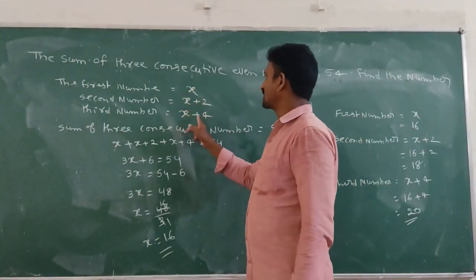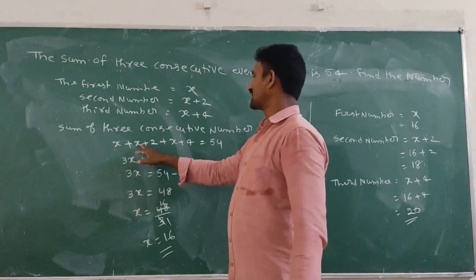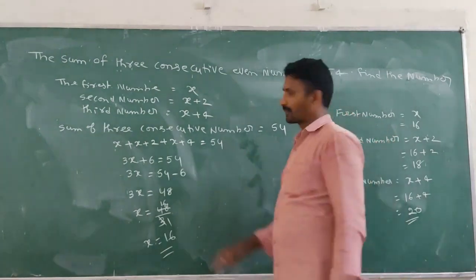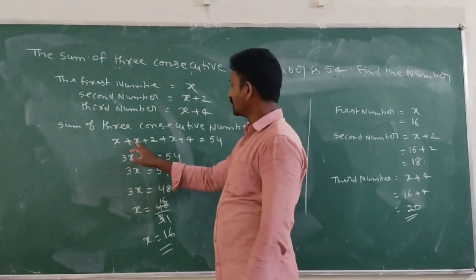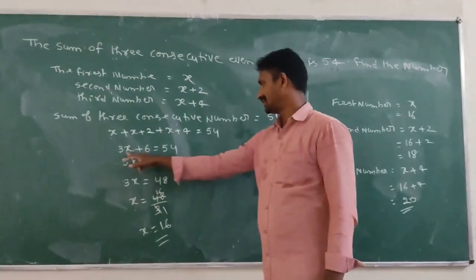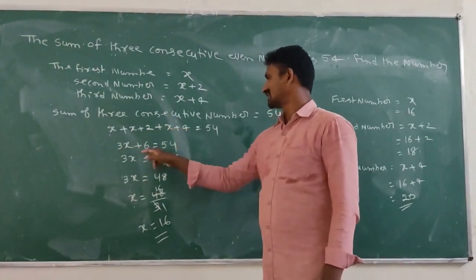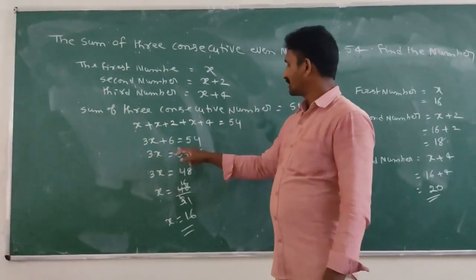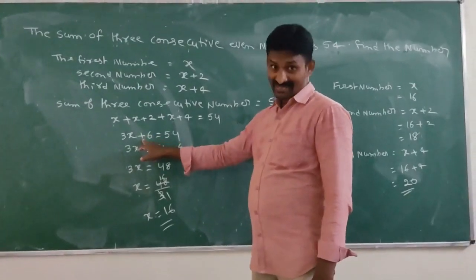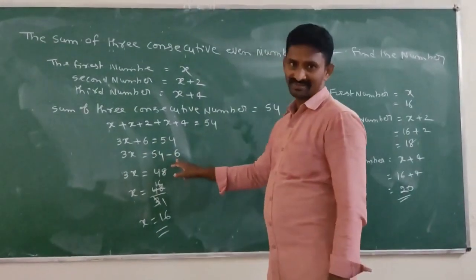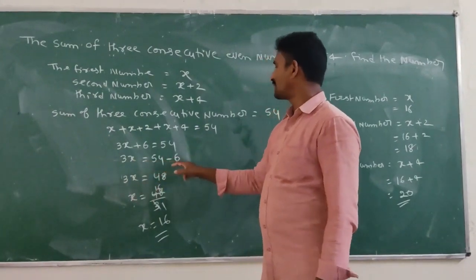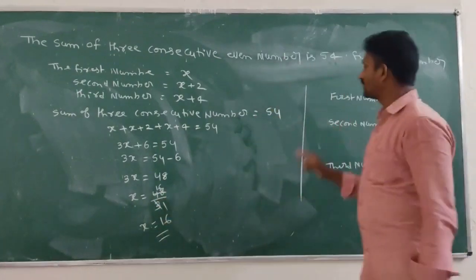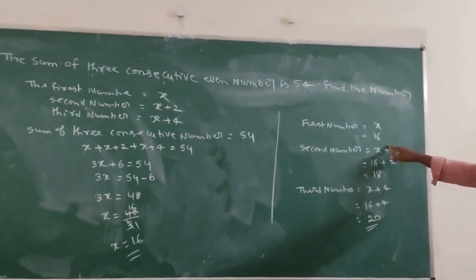So x plus x plus 2 plus x plus 4 equal to 54. 3x plus 6 equal to 54, the 6 transposes to minus 6. 3x equal to 54 minus 6, which is 48. The x value is 16.